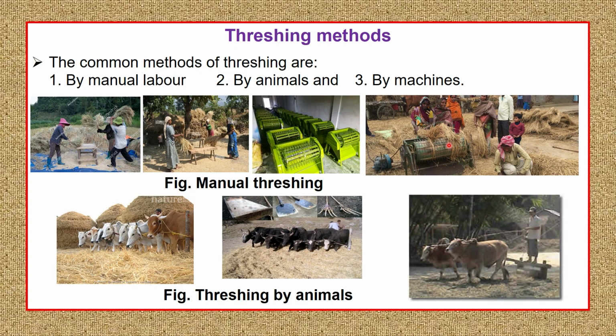In the tool shown here, there is a drum with loops or spikes on it, provided with a drive from an electric motor or something else, so it continues to rotate. Whenever we bring a mass of crop in contact with this rotating drum, a beating action is involved, and that's how the grains are detached from the plant, and the threshing is accomplished by manual labor.